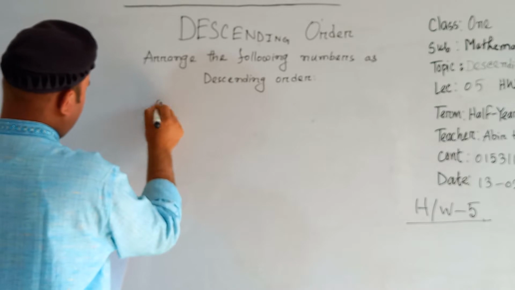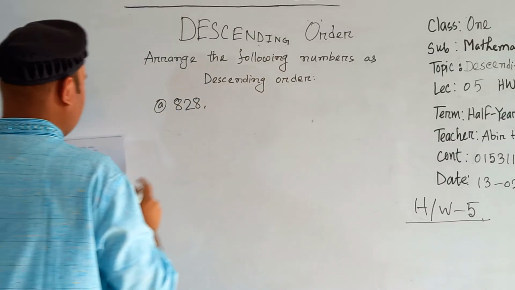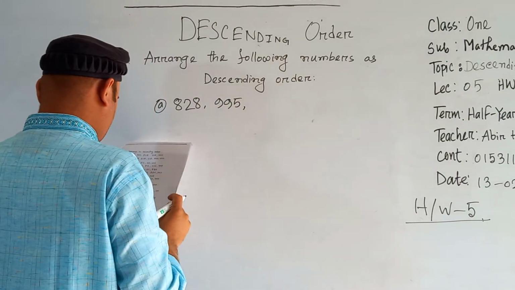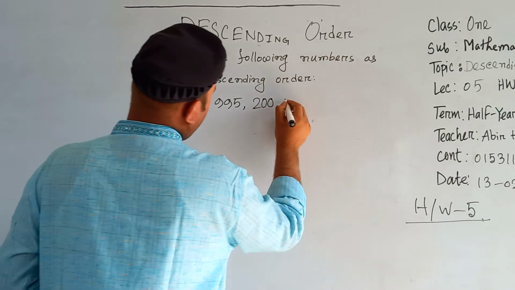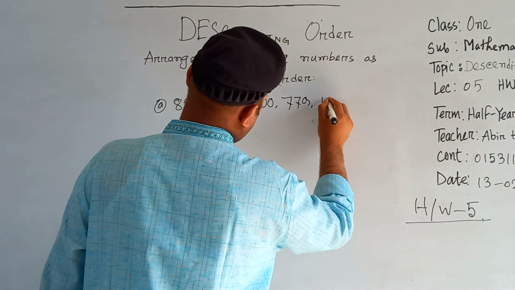Question number A: the first number is 828, 995, 200, 779, and the last one is 100.